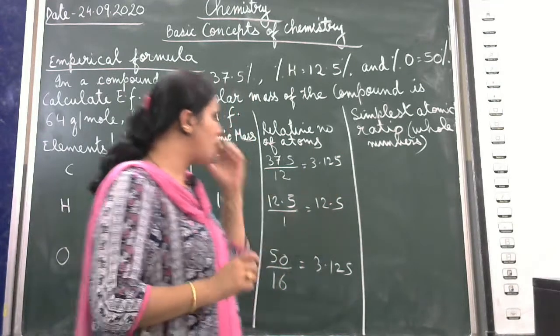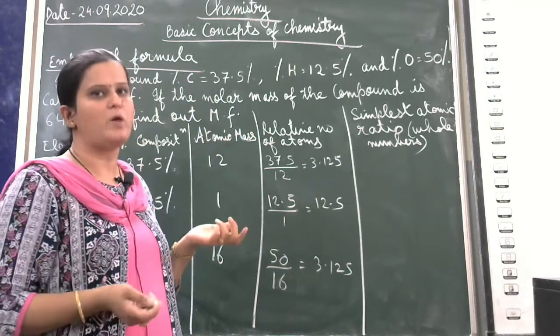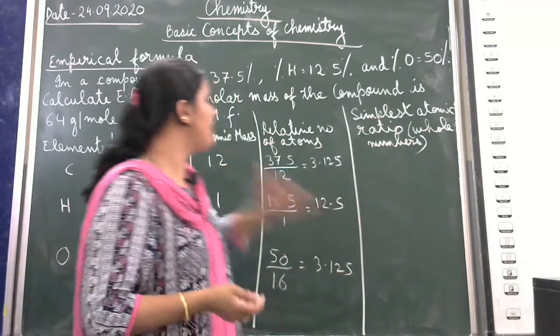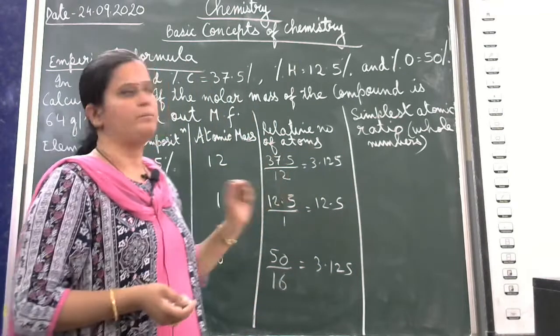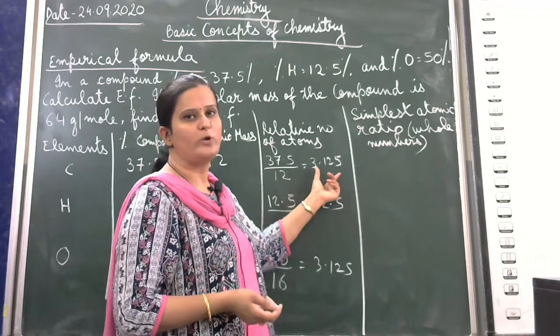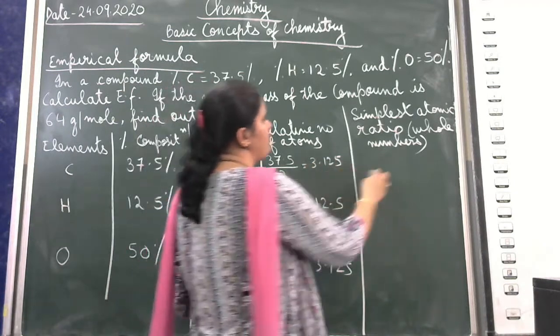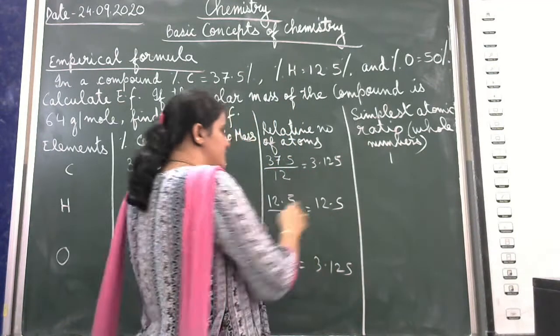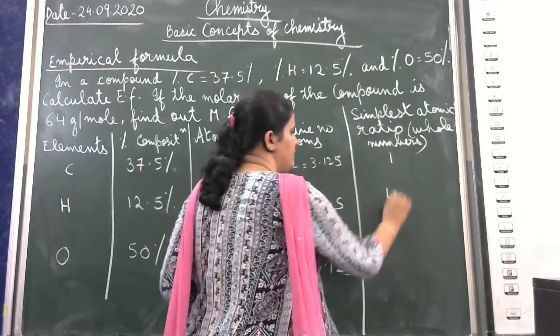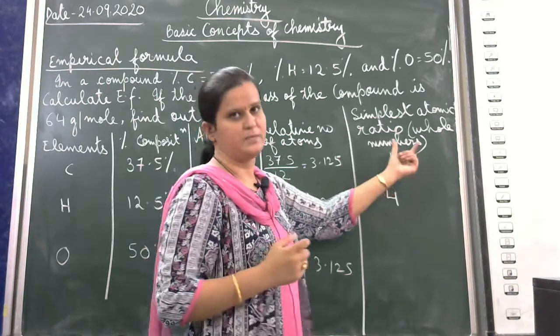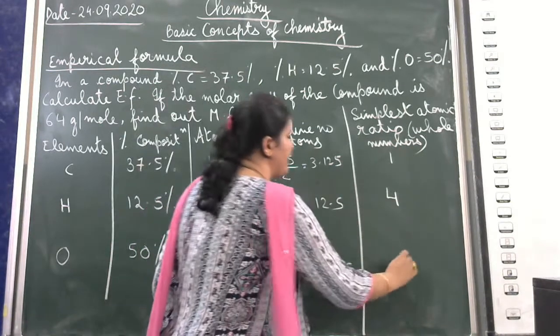So which is my smallest number? 3.125 is my smallest number. So all the three have to be divided by this number, that is 3.125. What will I get? 3.125 divided by 3.125 will be 1. This will be approximately, I am taking the whole numbers. Okay? Here again I can get 1.